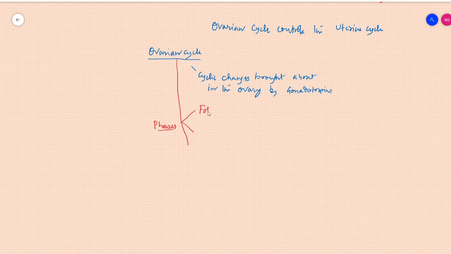Yes. The follicular phase, ovulation, and you're right, the luteal phase. Okay, so there are three phases of the ovarian cycle.